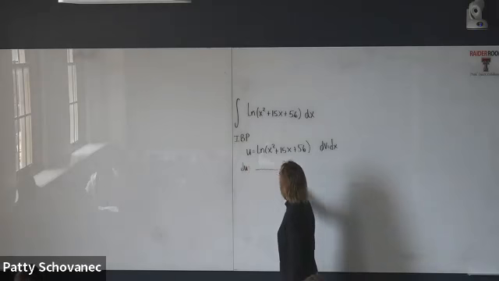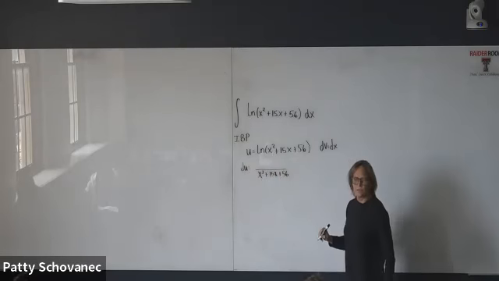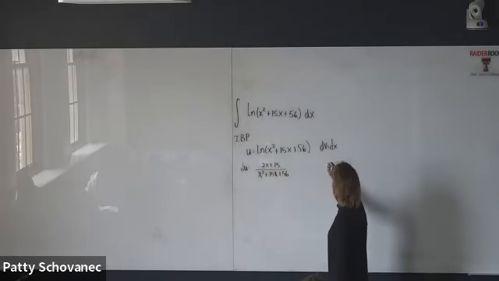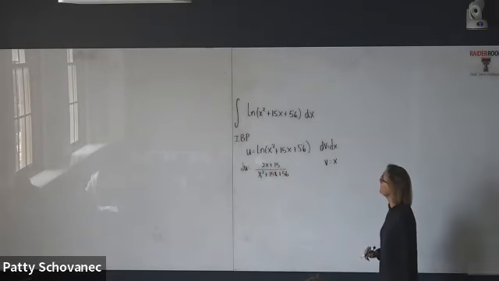The derivative of the logarithm is 1 over u, so I got the x squared plus 15x plus 56 here. Then I have to take the derivative inside the parentheses, and I get 2x plus 15. And then over here, the integral gives me that v is equal to x.